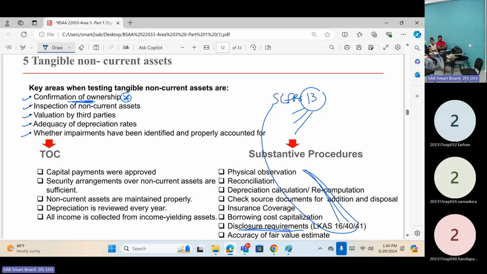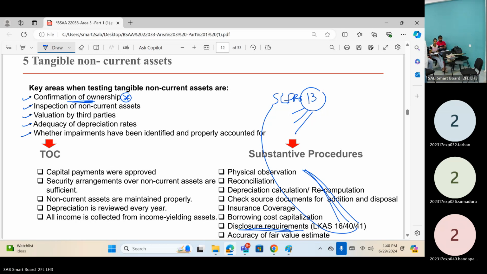And we go back to the TOC. So at that point, you don't want to change your audit approach, right? If you started to do a full substantive approach, you can expand your sample size.